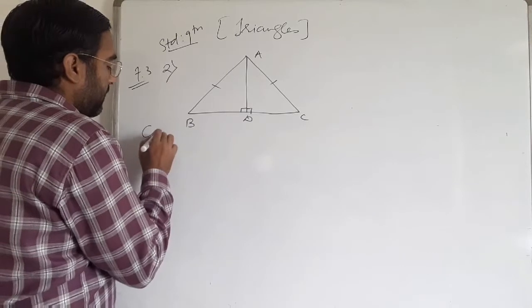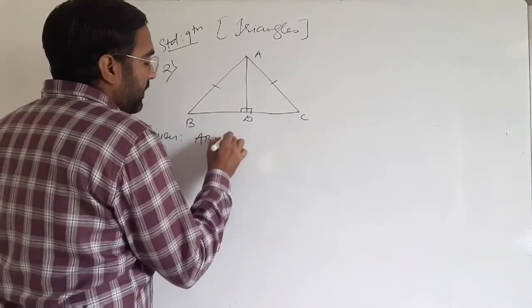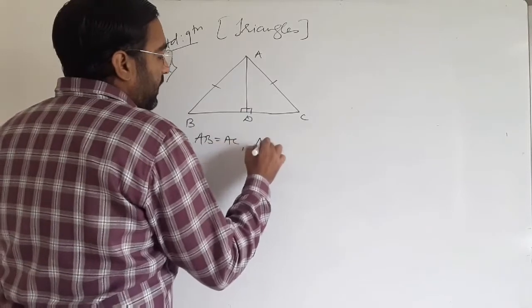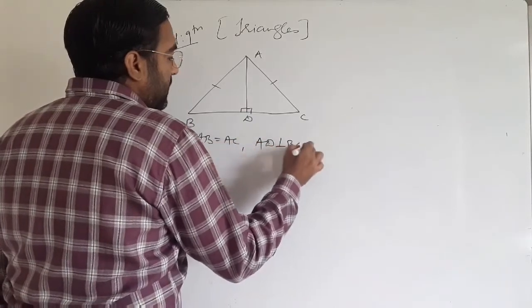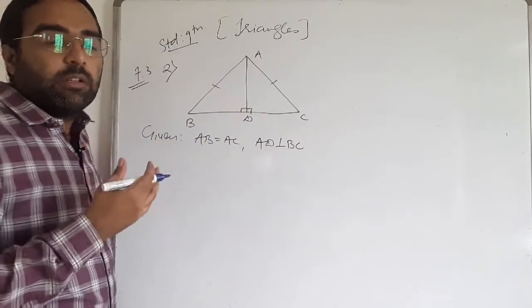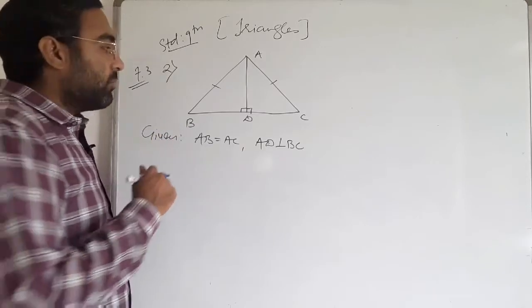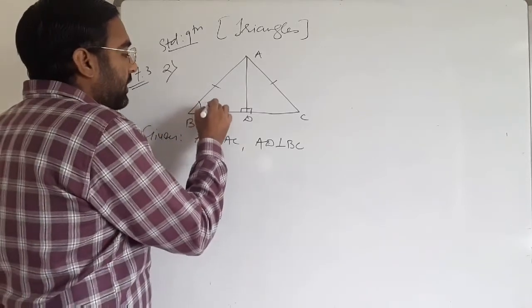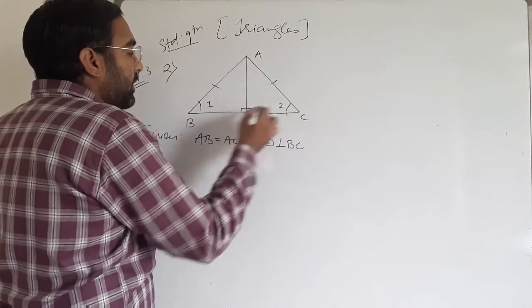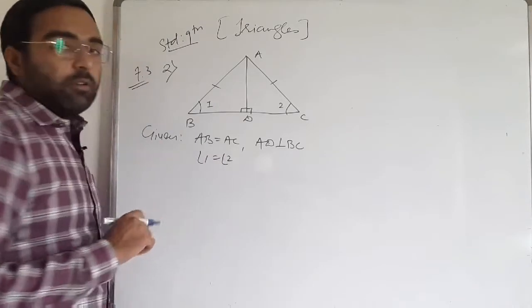First of all, we write the given: AB is equal to AC, and AD is perpendicular to BC. Third, if the sides of an isosceles triangle are equal, then their opposite angles must also be equal. I'll name this angle as angle 1 and this angle as angle 2. Therefore, angle 1 is equal to angle 2. Clear?